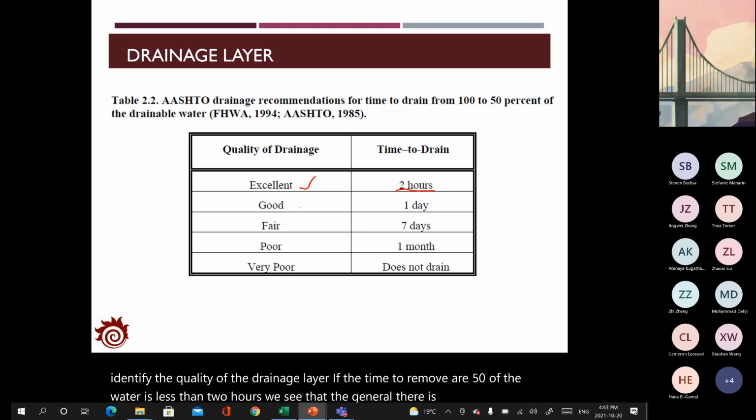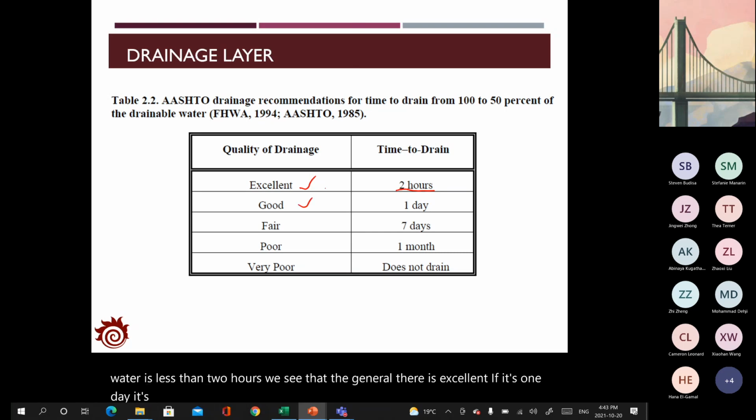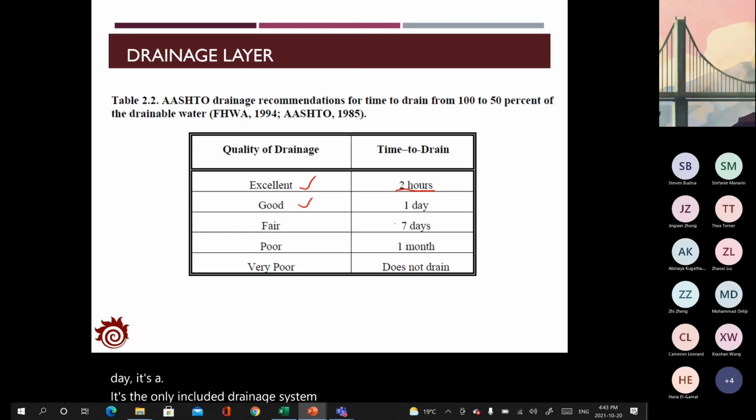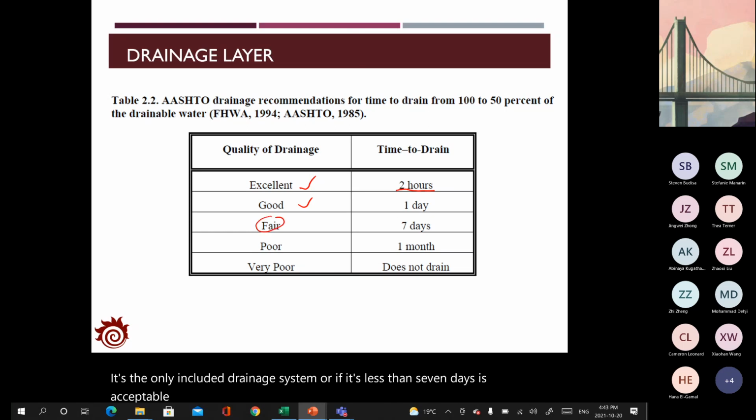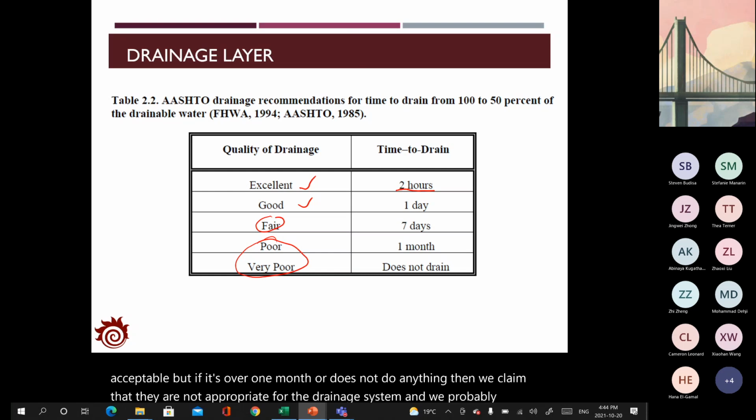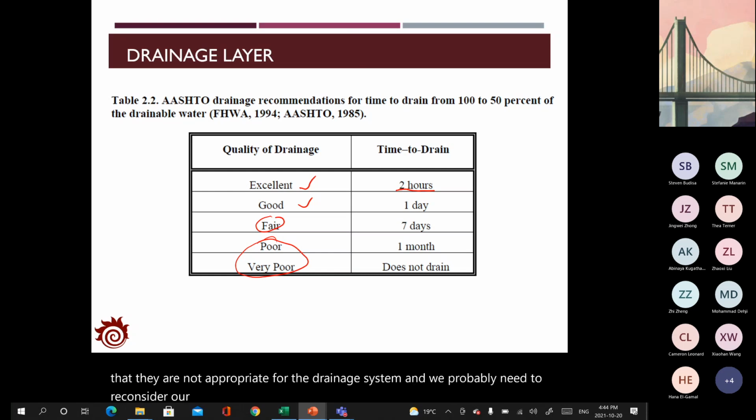If it's 1 day, it's still a good drainage system. If it's less than 7 days, it is acceptable. But if it's over 1 month or does not drain at all, then we claim that it is not appropriate for the drainage system, and we probably need to reconsider changing the grain size distributions or adding pipes to improve the capacity of the drainage layer.